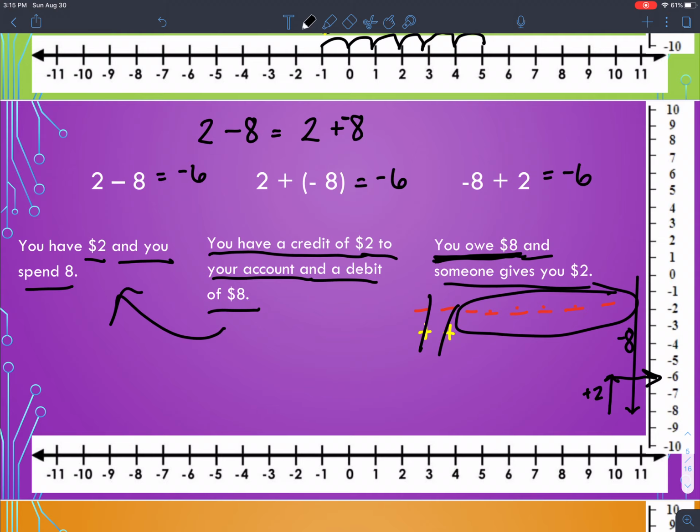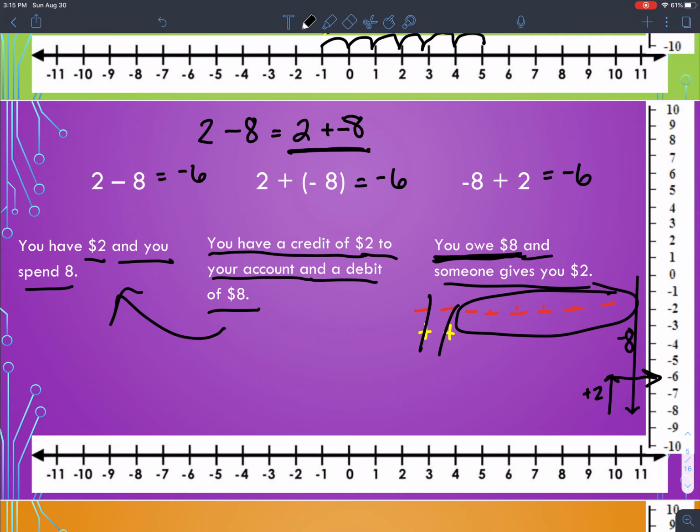Now, one of the things that I haven't really covered yet that I want to talk about now, and I apologize for waiting this long, is when I change this to an addition problem, and then I try to throw a negative in there, it becomes a little messy with all of this going on.